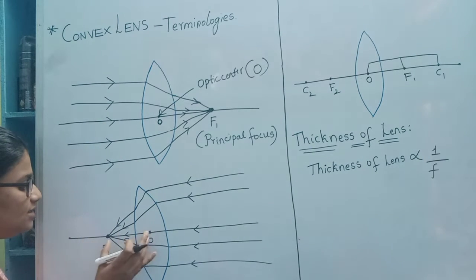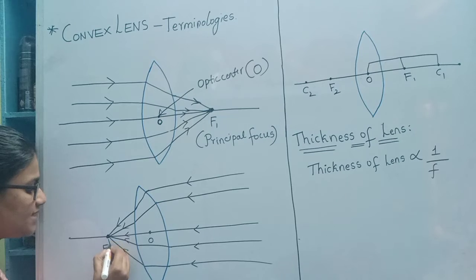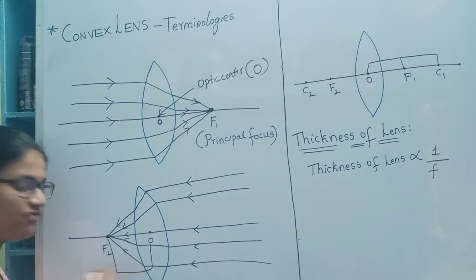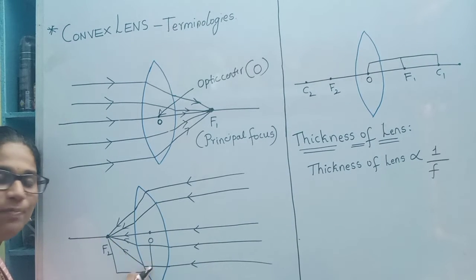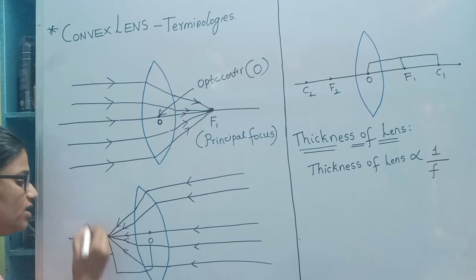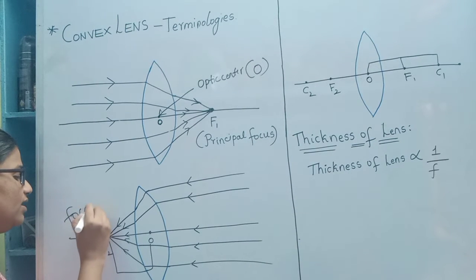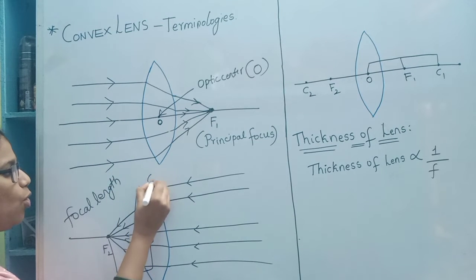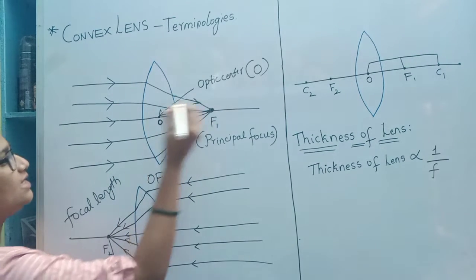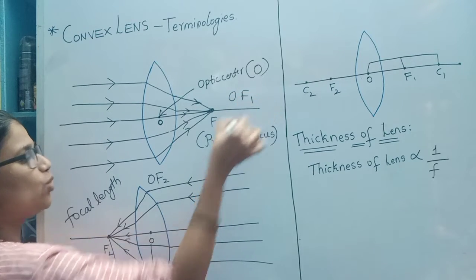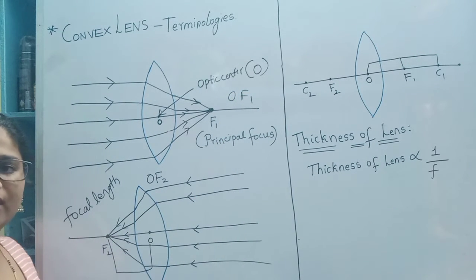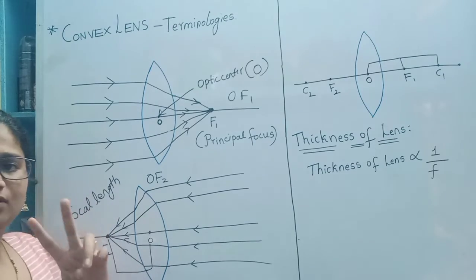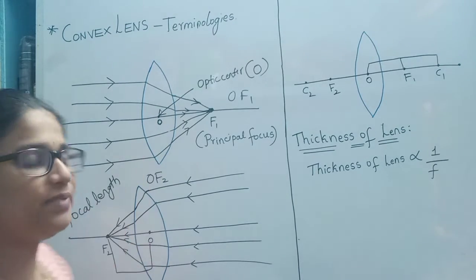The distance between the optic center and the principal focus gives us the focal length. Here OF2 is a focal length, and OF1 is a focal length. This is regarding the two terms, focus and optic center.